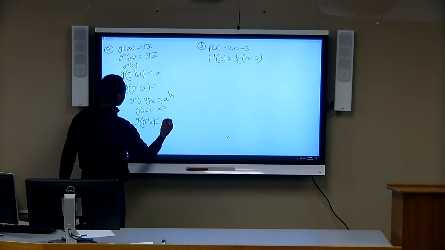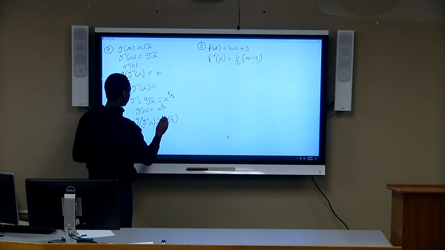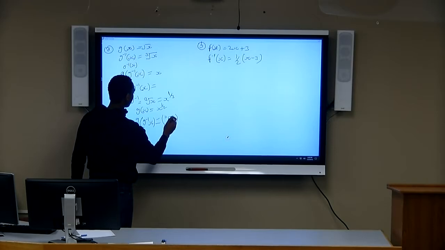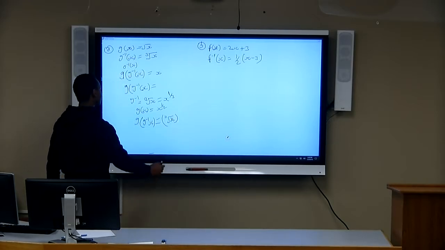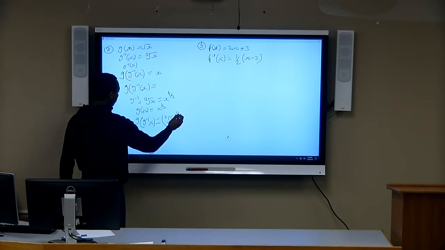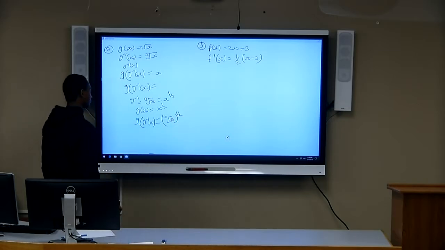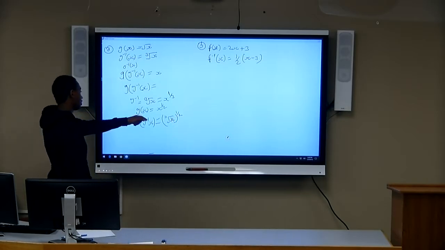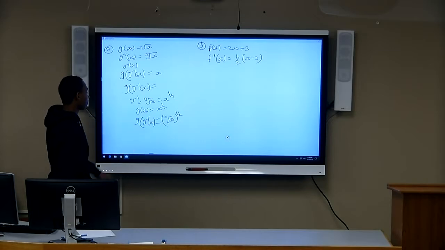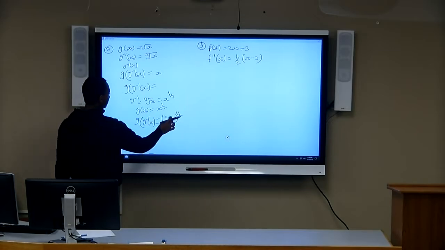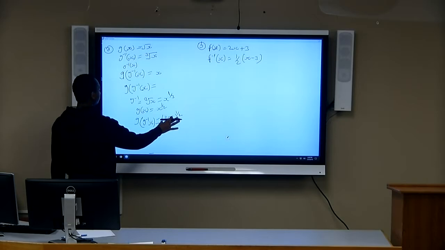This is the same as cube root of x. Cube root of x always to the power 1 over 2. So this thing should give us x.